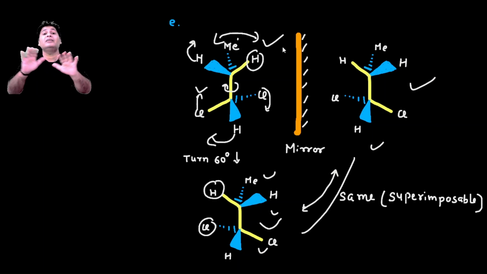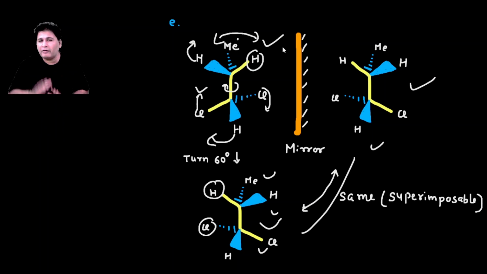There are some cases, which we will see in the future, where because of some ring or some double bonds, chirality may come. But in most cases you will find that if the compound lacks a chiral carbon, it will be achiral in nature. A few exceptional cases are there, which I will take up in my videos, where chiral carbons won't be present, and yet the compound will be chiral in nature.